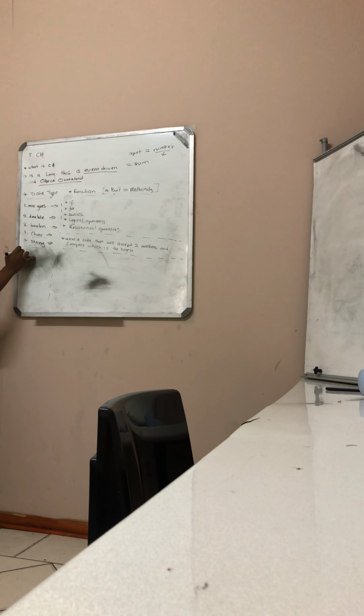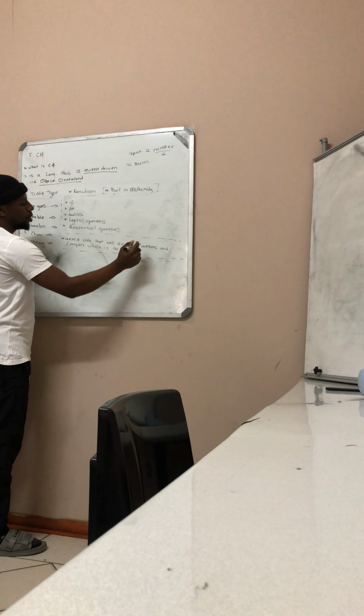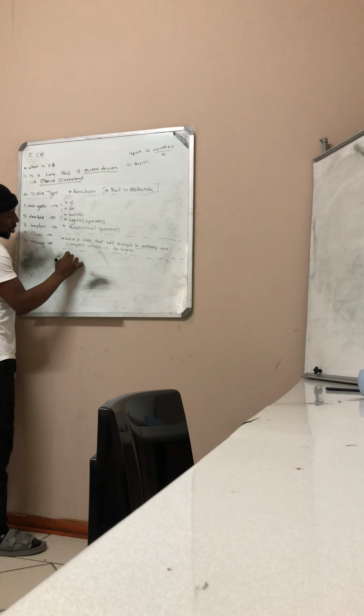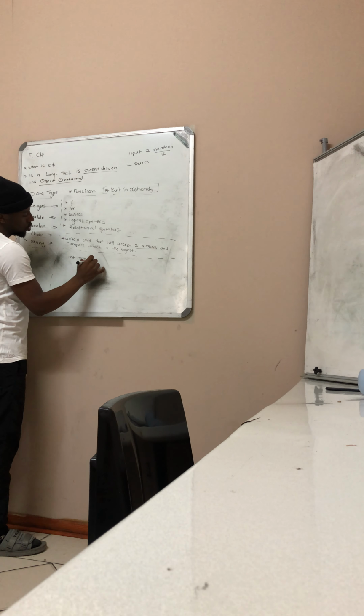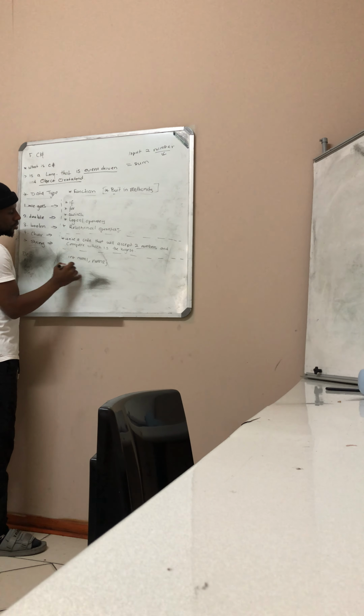Structure of your code: always remember, you declare, you accept, you do the algorithm, and then you display. So for two numbers using our text boxes, first you start by declaring. Declare two numbers: int num1, int num2, and then you have your answer.